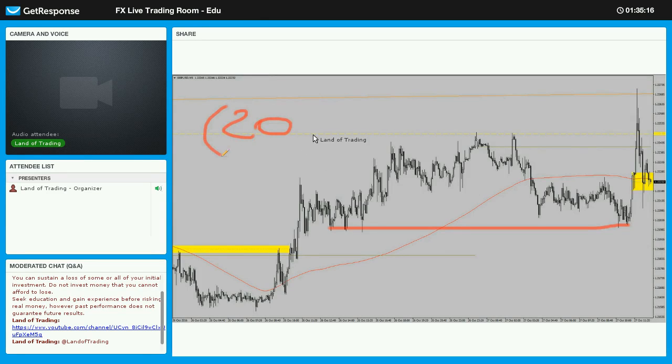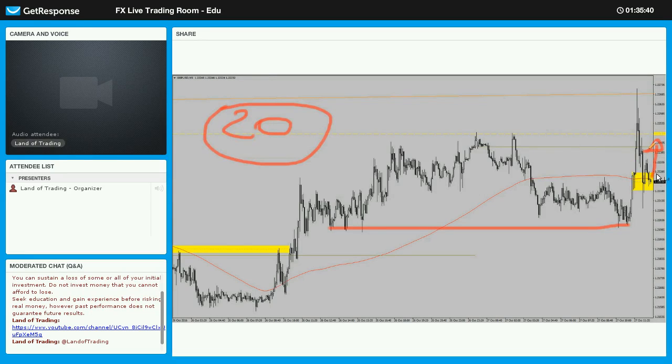If you are looking to sell pound USD, I would rather wait for a test of 2240, and if bulls are gonna fail here with a tight stop above 50, that could be the trade plan for you.